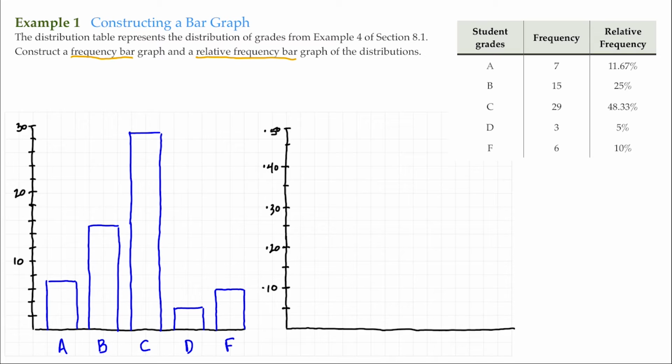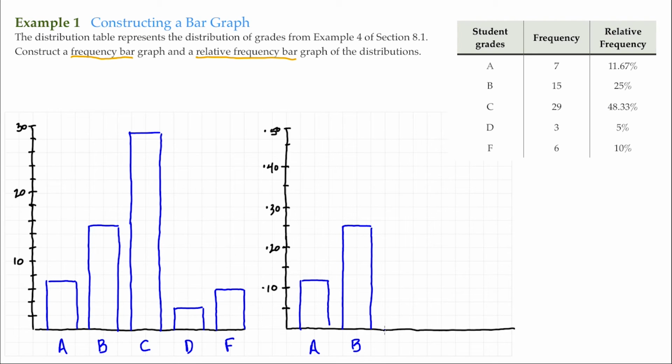And we go ahead and put in our bars. 11.67%. Oh, here it is right here. That's our B's. There we go right here. Our C, that's 48.33%.